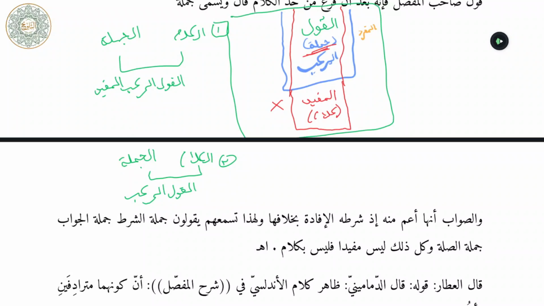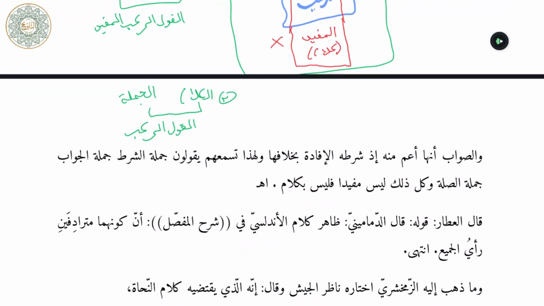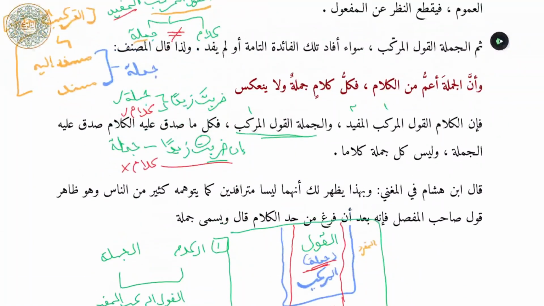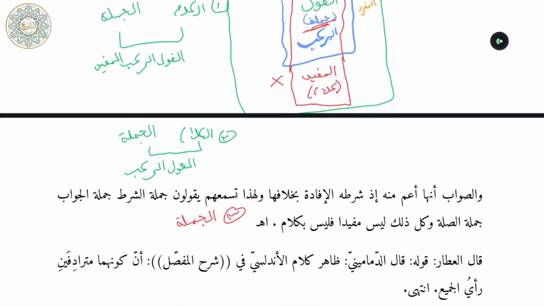Then you have Ibn Hisham's opinion that no, there's a difference between the two. And so therefore, they're not synonyms anymore, right? So, al-jumla is a'ammu min al-kalam. You'll find areas where you can refer to it as a jumla, but you can't refer to it as a kalam.